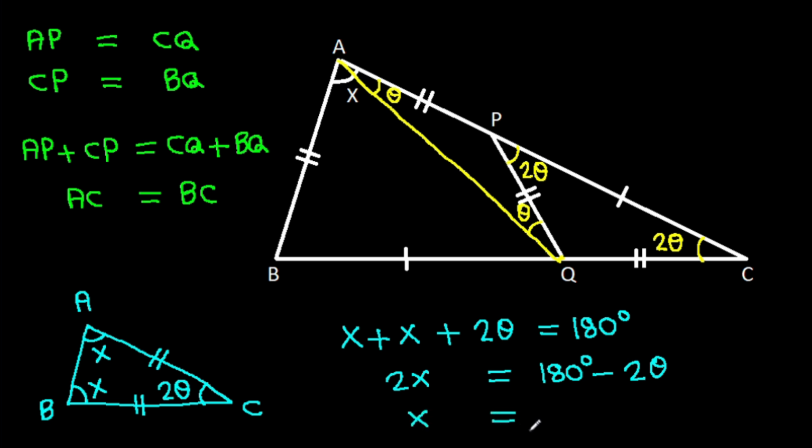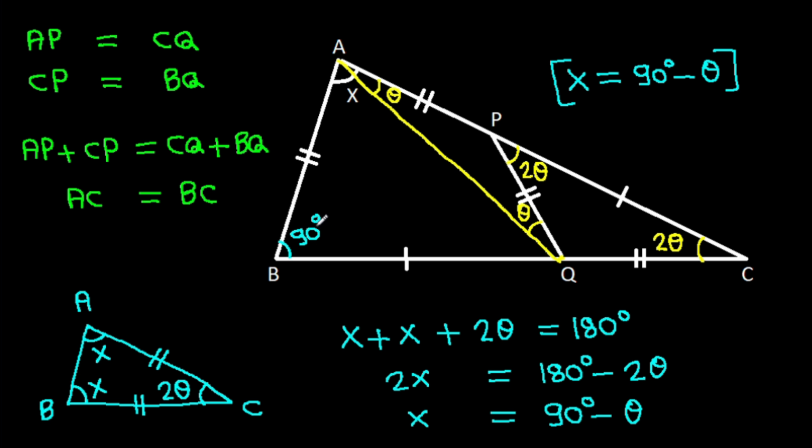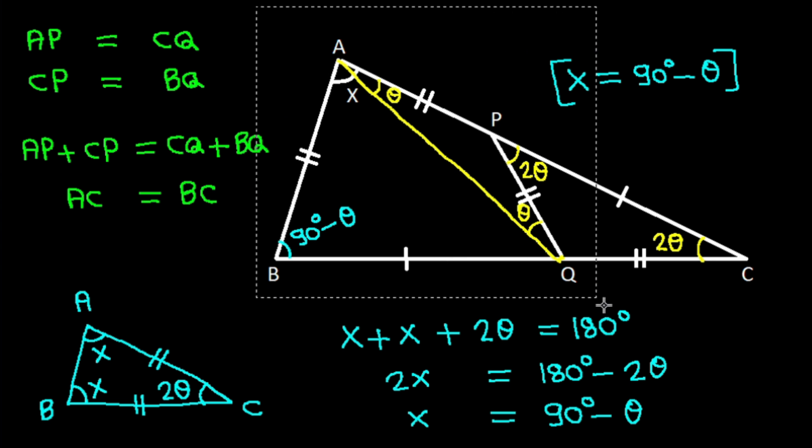And x will be 90 degrees minus theta. We have x is 90 degrees minus theta, and this angle is x, that will be 90 degrees minus theta.